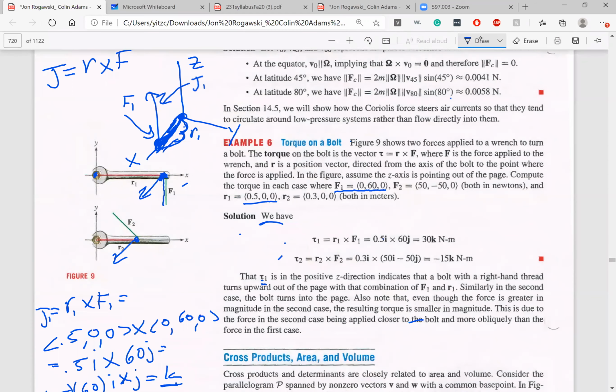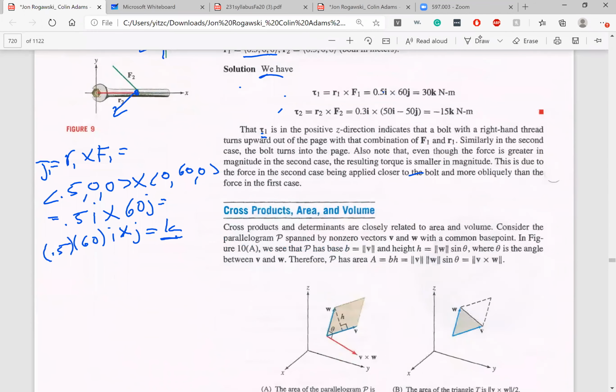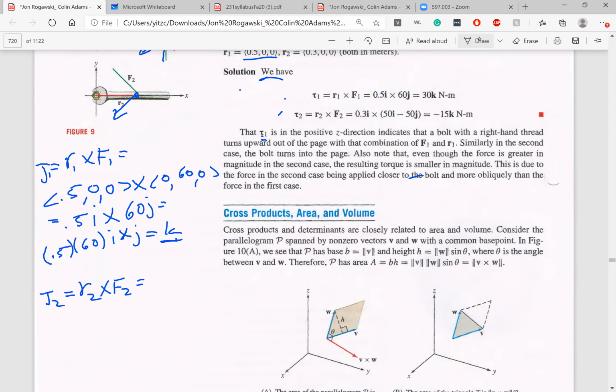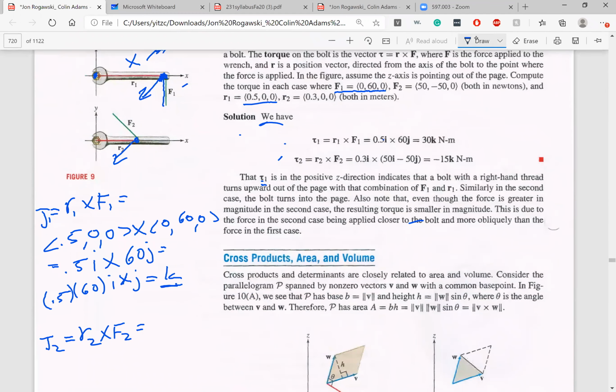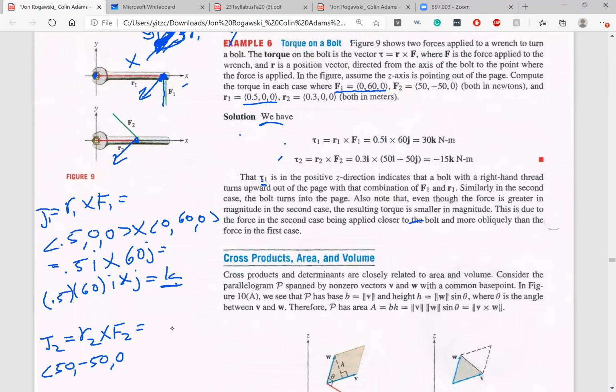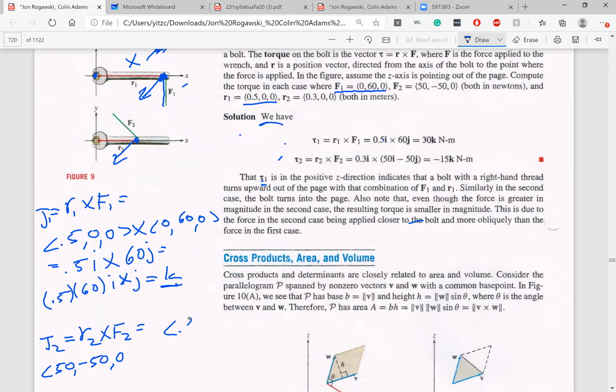Okay, and so for the second part of the problem, we're going to have that torque 2 is equal to R2 cross F2. Oh, sorry, this is F2, which is (50, -50, 0), and R2, which is (0.3, 0, 0), cross this.